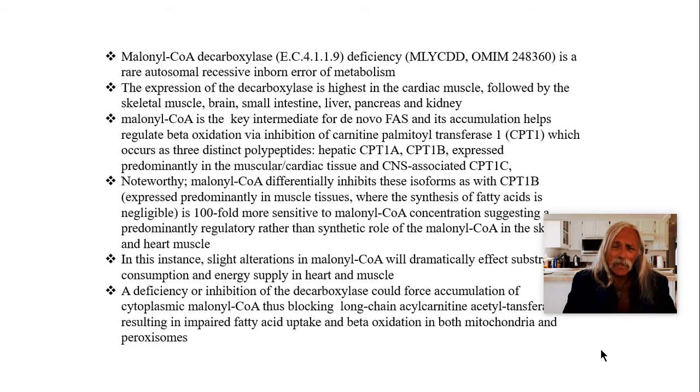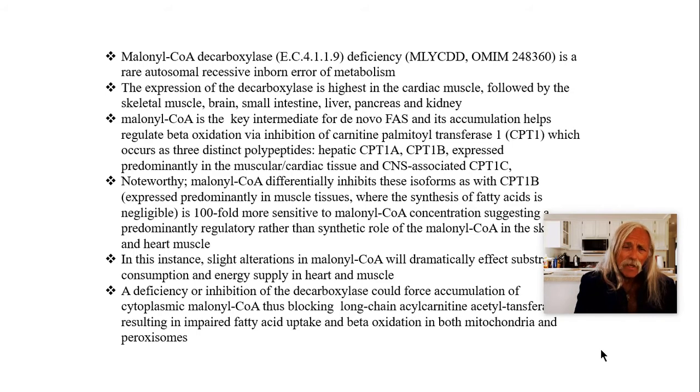Malonyl-CoA is the key intermediate for de novo fatty acid synthesis, as I just showed you. And its accumulation helps regulate beta oxidation via the inhibition of carnitine palmitoyltransferase 1, which occurs as 3 distinct polypeptides, actually, CPT1A, B, and those are expressed predominantly in muscular cardiac tissue, and then CNS-associated carnitine palmitoyltransferase 1C.